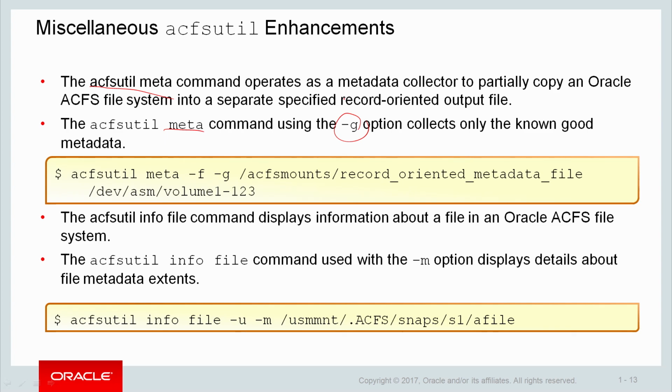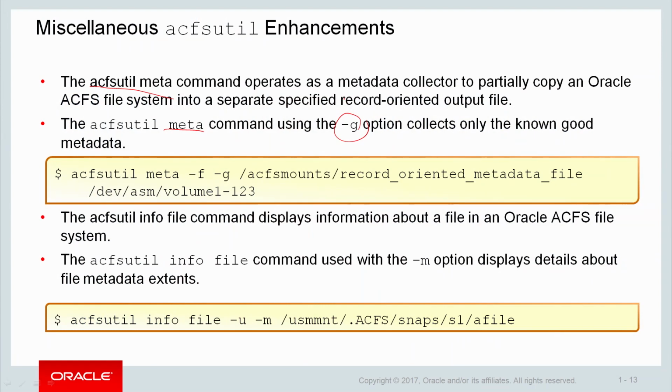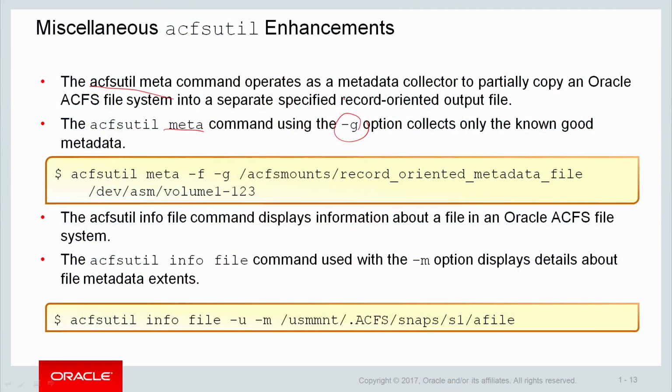This command can often be used to try to find out if there are any corrupted blocks inside your file system. It can take quite a while to run through. If you have the -G option, it only collects the known good metadata, which is useless if you're actually trying to find out if there is any corrupted metadata inside there, but it can speed things up otherwise.